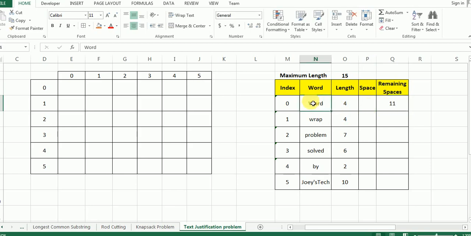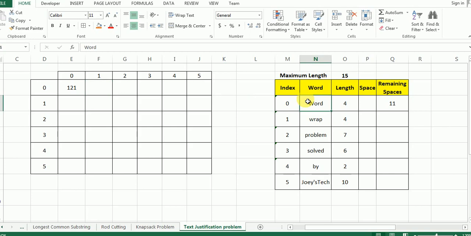And since we have always discussed that we need to calculate the square of the remaining spaces, I'm going to place 121 here, which is the square of 11. So when we have only one word in the first line, the cost is going to come out as 121.